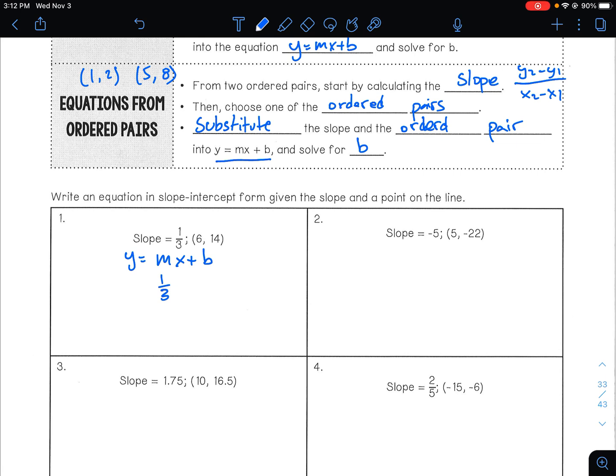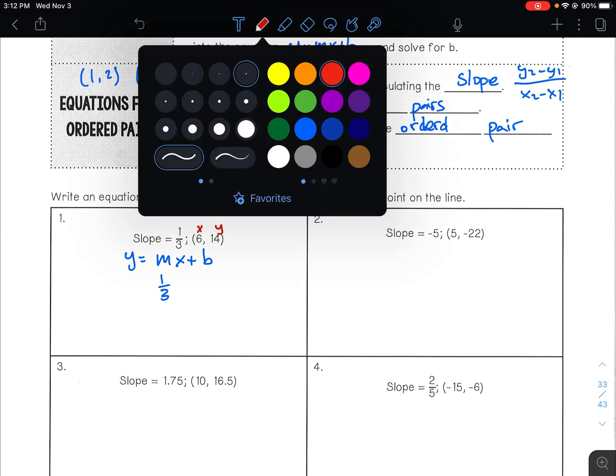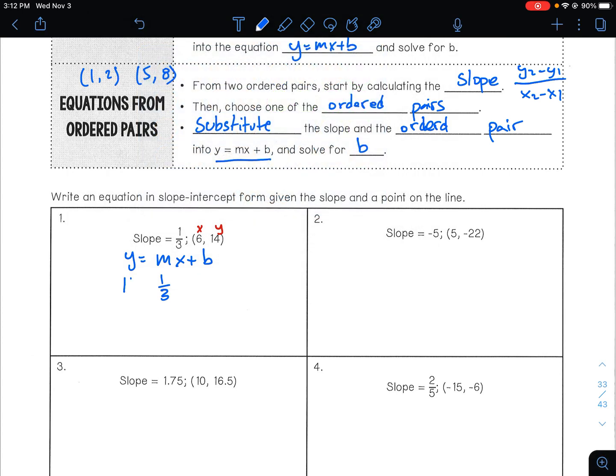To find the b, we are going to substitute y and x with the y and the x that they give us, because remember, an ordered pair is just an x term and a y term. So we are going to replace y with 14 and x with 6. So 14 equals 1/3 times 6 plus b. And then we're going to solve for this b.